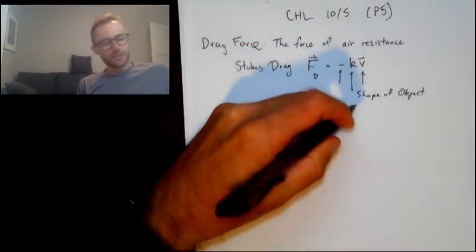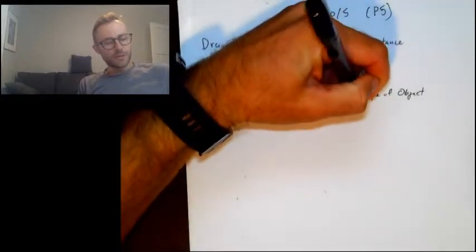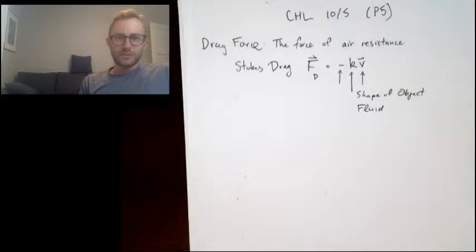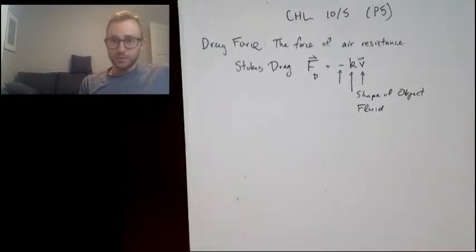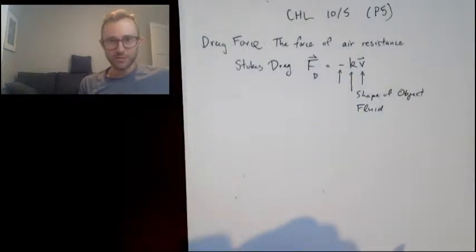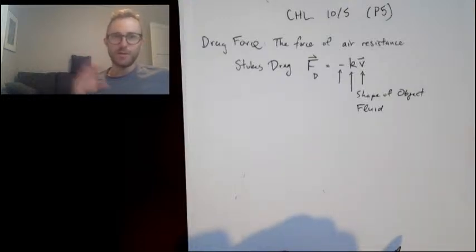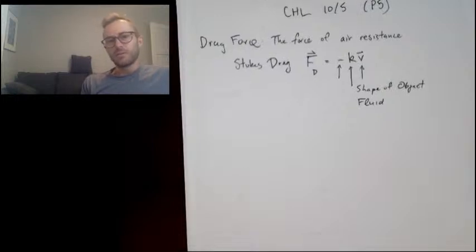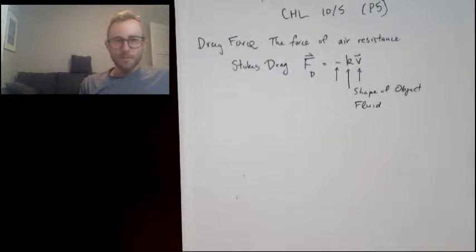The other thing it depends on is the fluid itself. How viscous is the fluid that the object is going through? So if you're moving through outer space, K is 0 because outer space has no drag, or very, very little drag. You might bump into a few atoms here and there that slow you down, but for the most part, there's no drag.